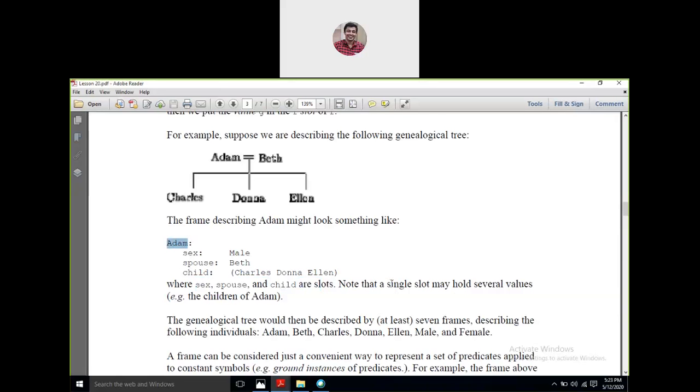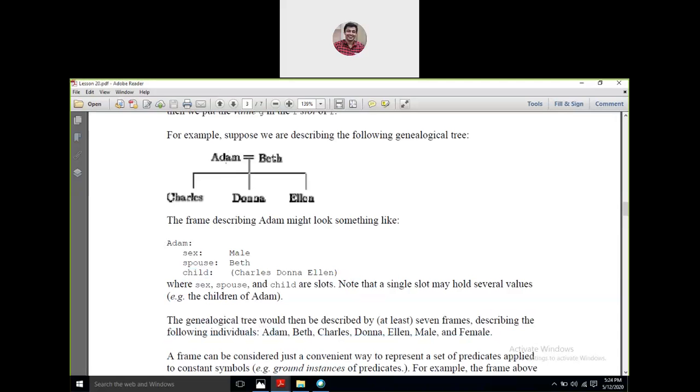Now note that a single slot may hold several values for obvious reasons. So one of the slots is what? Now one of the slots is child, and it can hold 3 values of Charles, Donna and Ellen. Now there is a very interesting line after this. Don't go through this line. I know now you'll be going through this line.